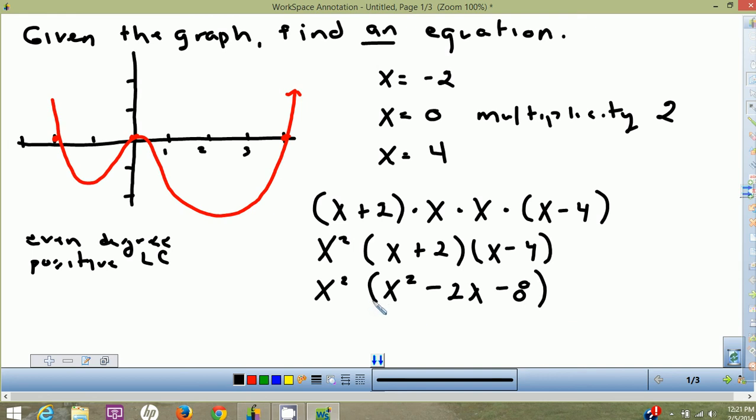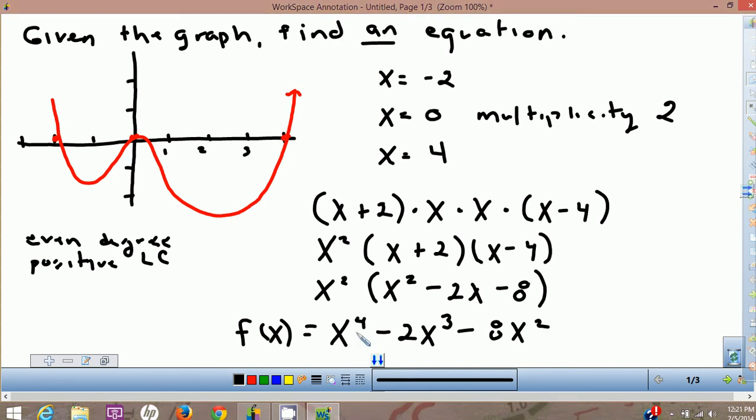And then last step, distribute the x squared, which is going to give me a function of f of x is equal to x to the 4th minus 2x cubed minus 8x squared. One of the possible polynomial functions which models this particular graph.